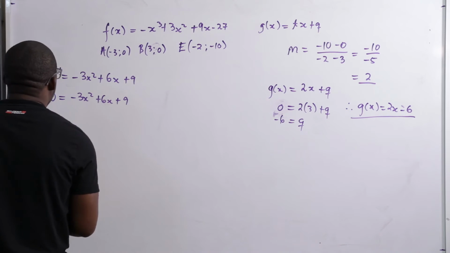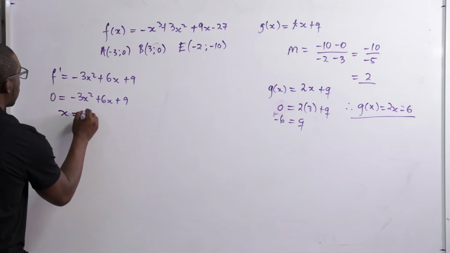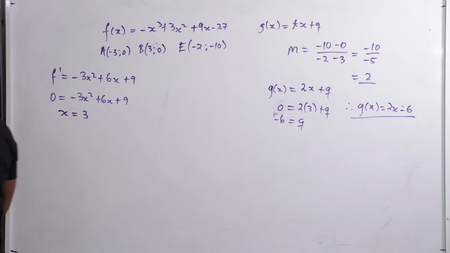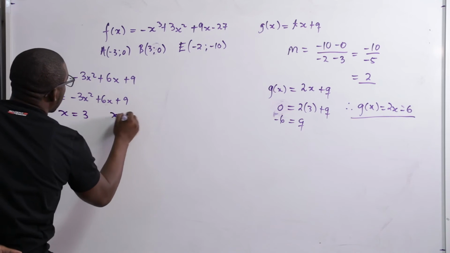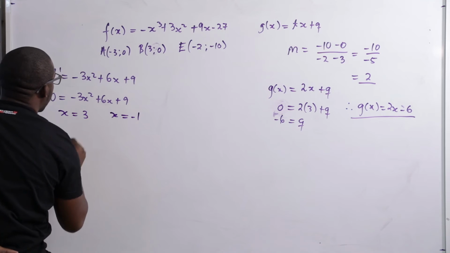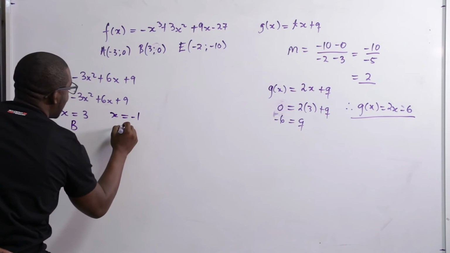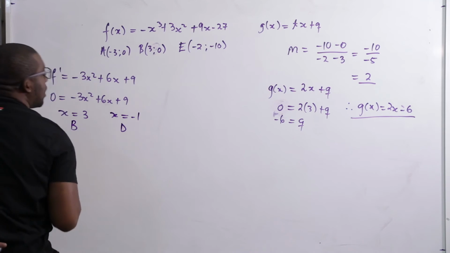The first solution is obviously x is equal to 3, which is at B. We know that should be a turning point. The second one is x is equal to minus 1. This is at D.